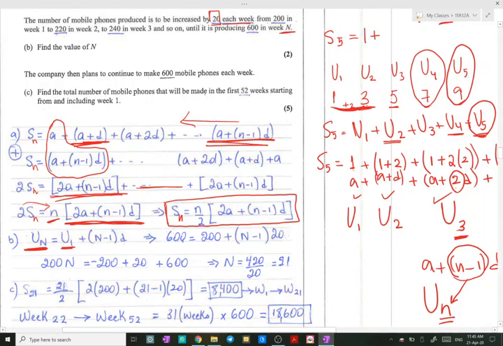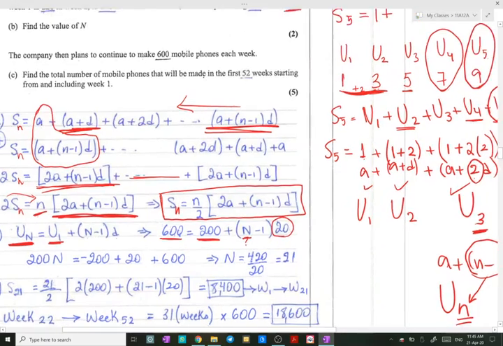So now you replace 600 for Un, 200 for the first term, and n is the one that we're going to find, and 20 is the common difference.